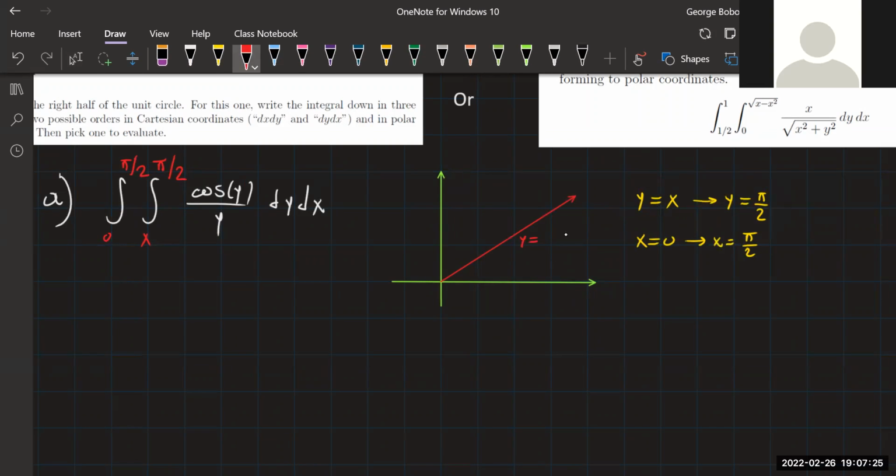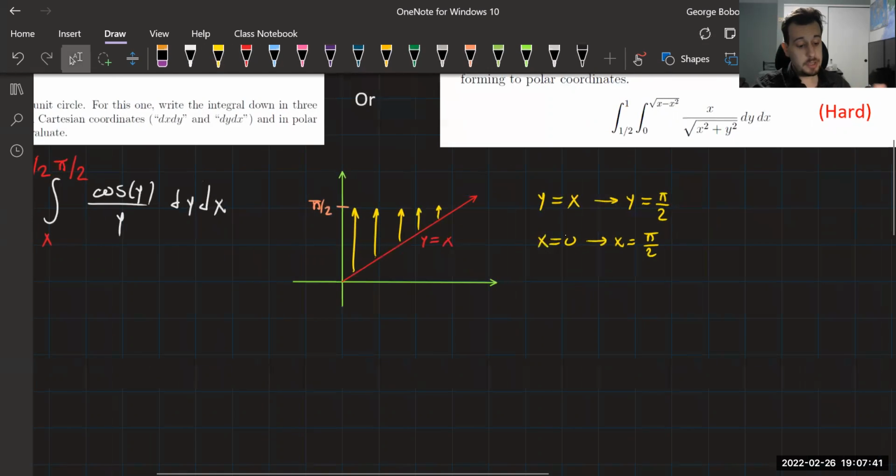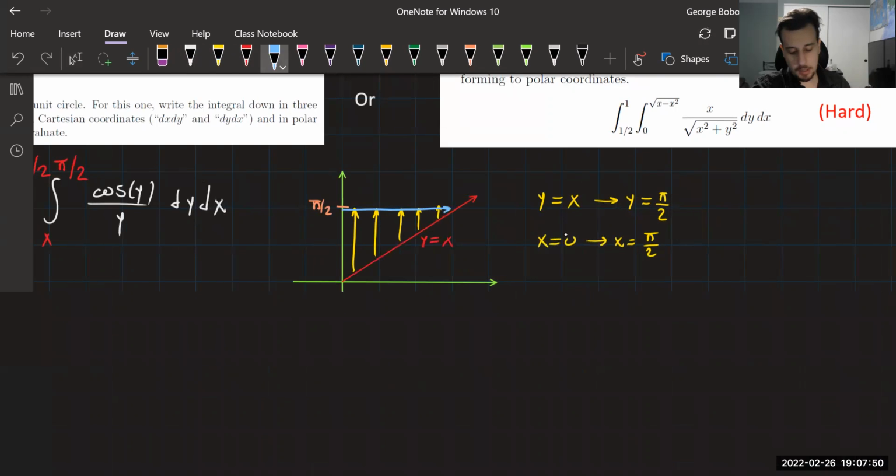So we're gonna have to do the integral until the value of pi over 2 in the y direction. So we're integrating like this in the y, and we only reach pi over 2. And then for the x direction, you can see it very well what we do here. We go from 0 all the way to pi over 2 in the x.